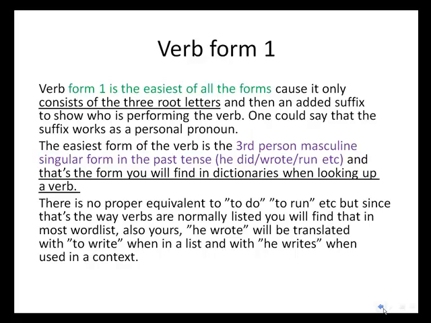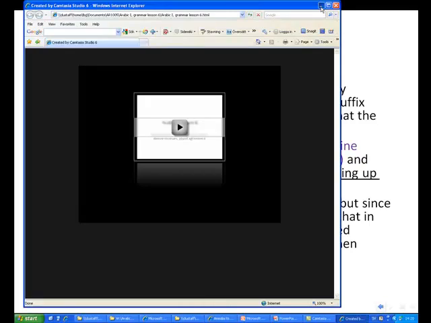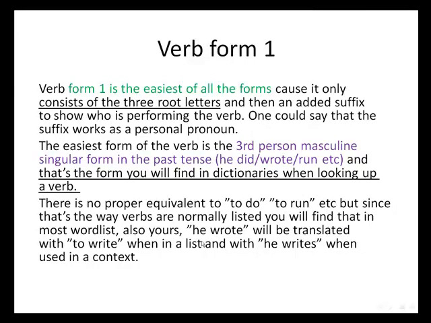And that's the form that you will find in dictionaries when you want to look up a verb. There is no proper equivalent of what we have in English, for example, to do, to run, to play, to look, etc. So instead, the verb for third person masculine past tense, he ran, he did, he looked, etc., will be what's written in a dictionary.